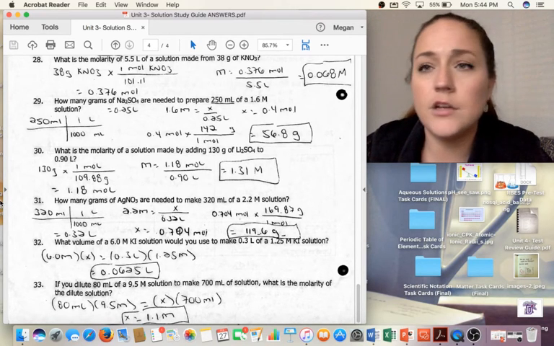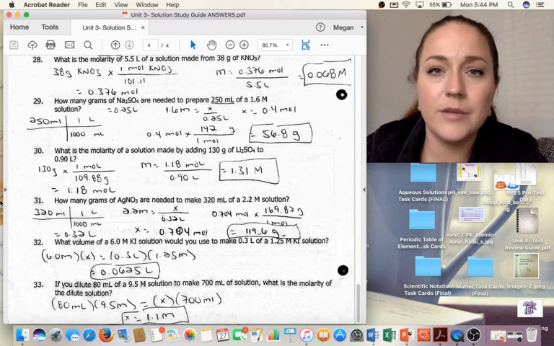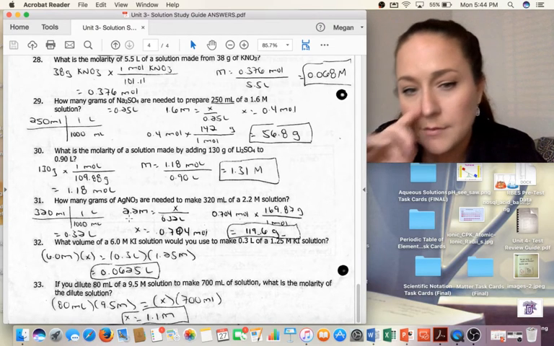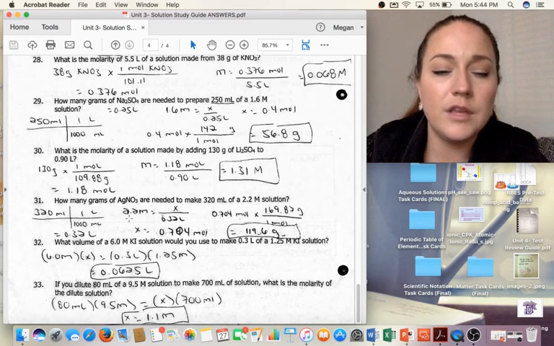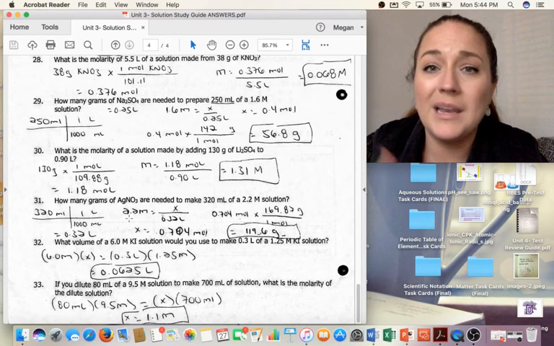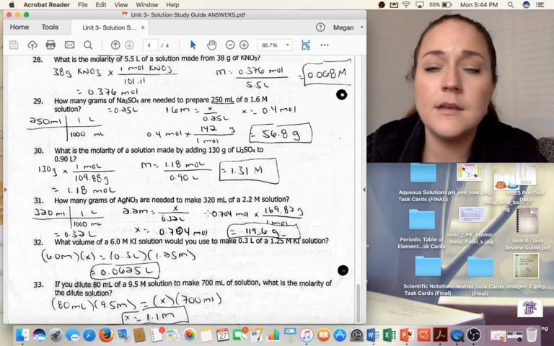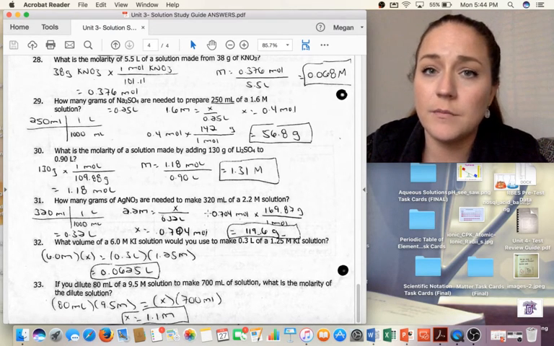So 320 divided by 1,000 gives you 0.32 liters. Then you solve for the unknown moles by having molarity, the 2.2 molarity that was given, times the 0.32 liters that you converted.